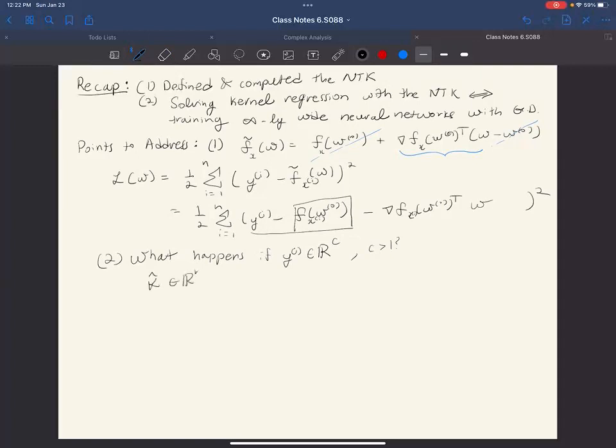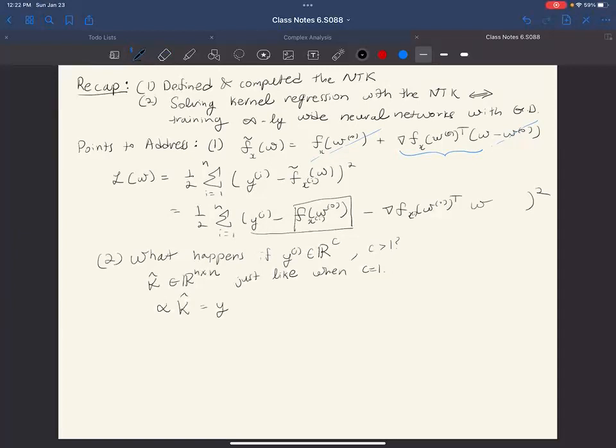So I'll still build my n by n kernel just like I would when C equals 1. And then when you solve kernel regression, remember that you solve for these alphas. This is just alpha K hat equals y.